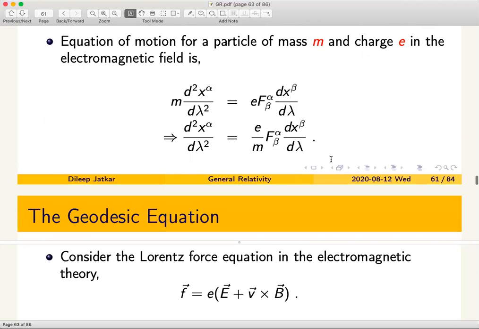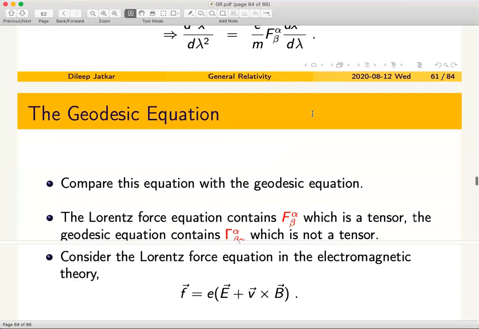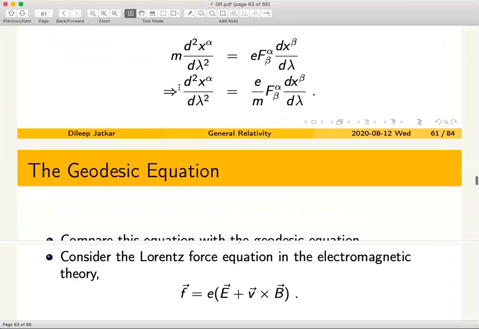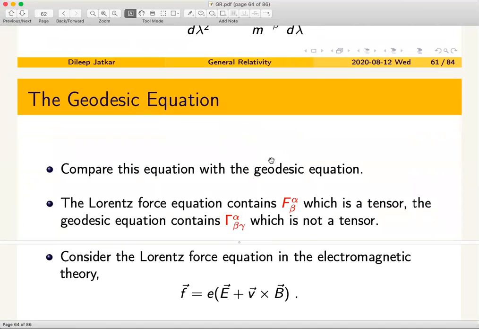Now notice that in the exercise, we are already claiming that f alpha beta is a tensor. And we also know that dx beta by d lambda is a tensor. So this equation is in some sense a tensorial equation, as against the geodesic equation, which is not a tensorial equation.